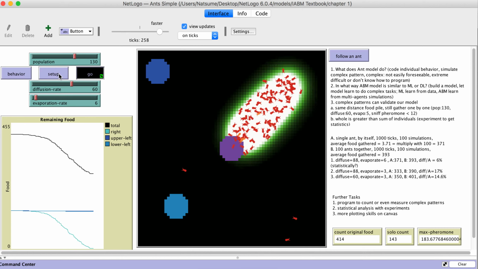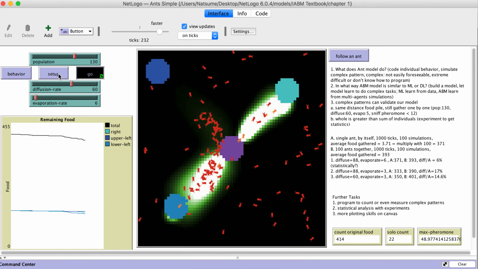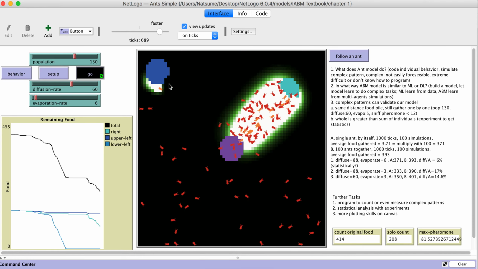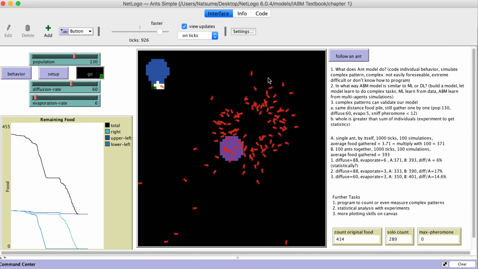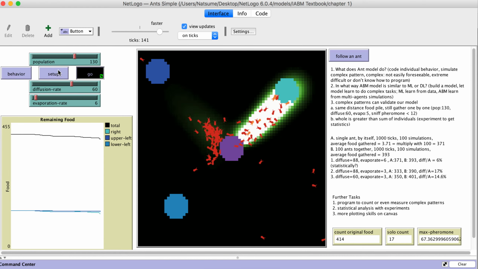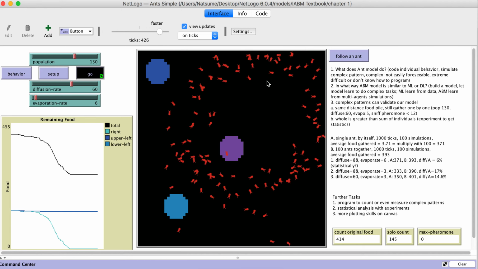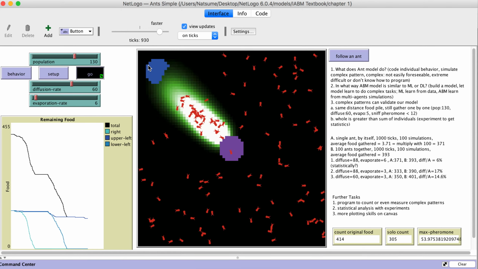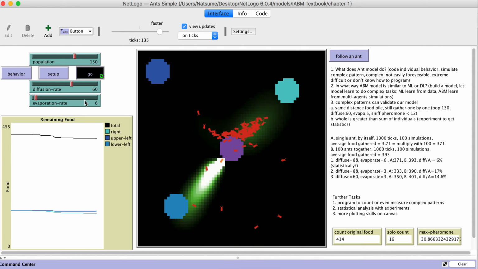But sometimes they may really try to get two piles at the same time. But so far everything works okay. It just finishes one pile first, then another, and then the last one.